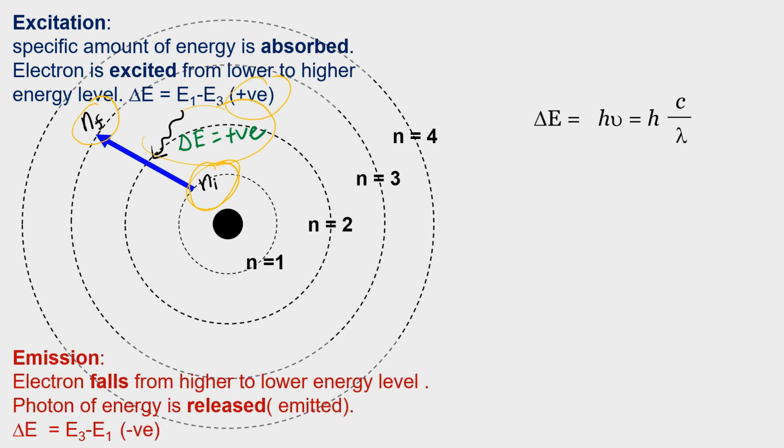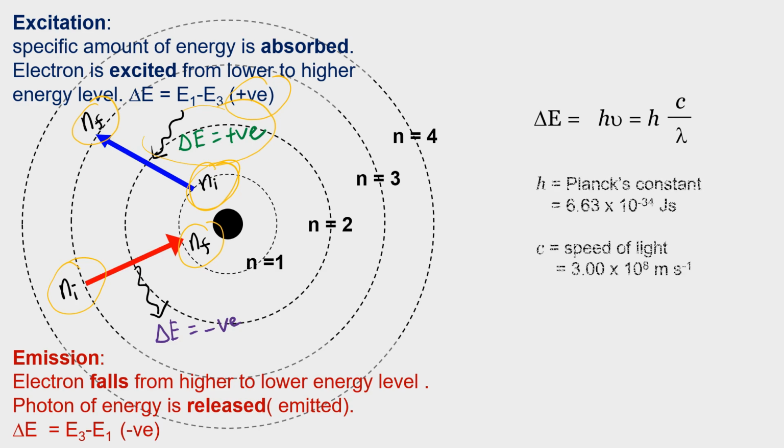For the emission, electrons from a high energy level will fall to a lower energy level. So for the emission, N_i is the higher energy level and N_f is the lower energy level. The process of this electron falling back to a lower energy level will release energy, and the amount of energy will be negative, showing that energy has been released from the reaction.